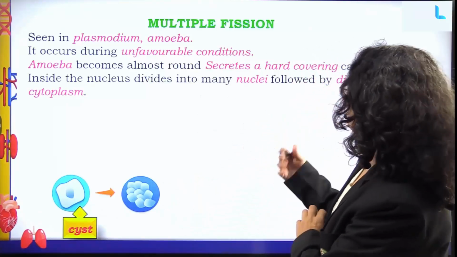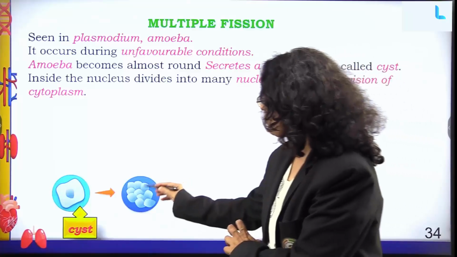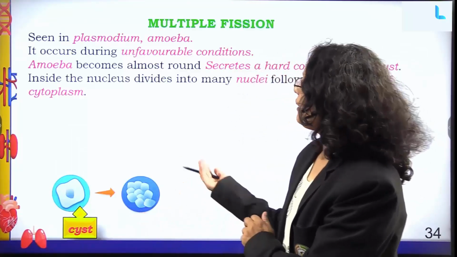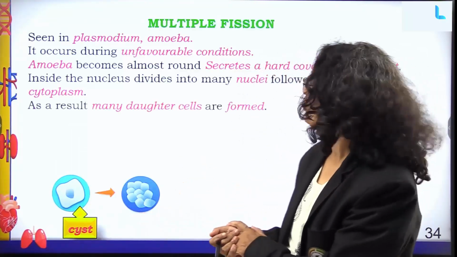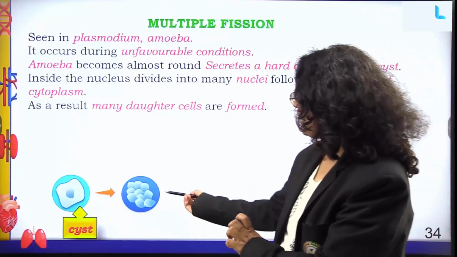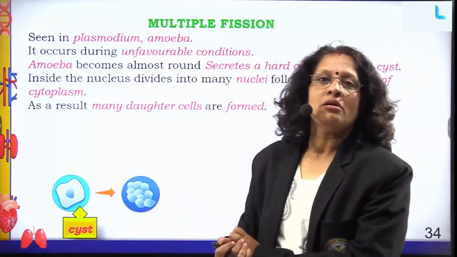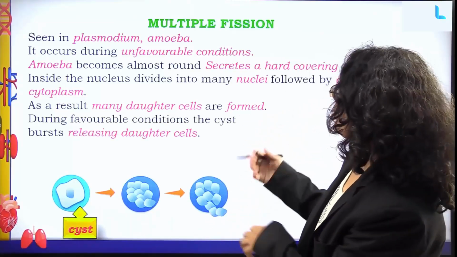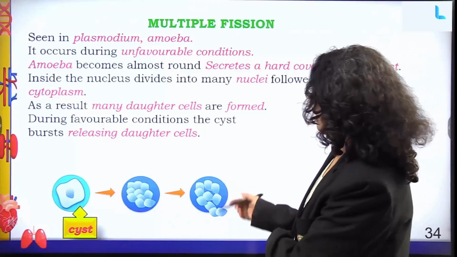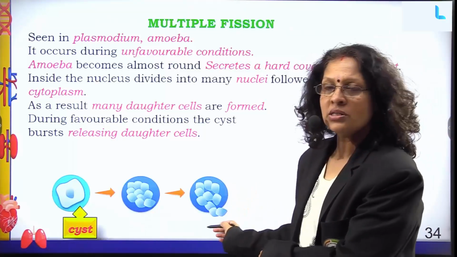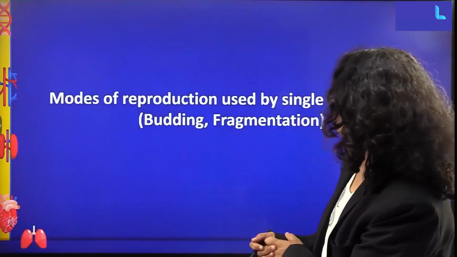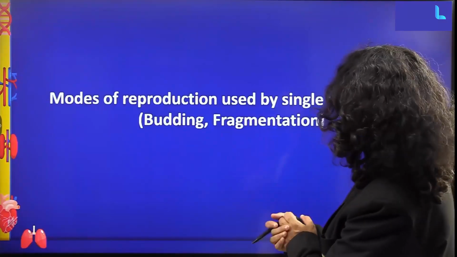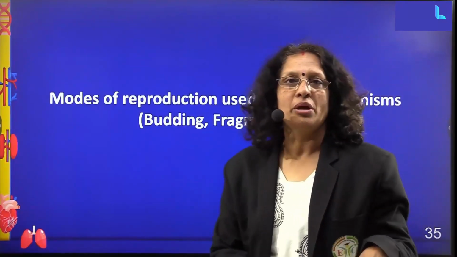The nucleus will divide into many nuclei, and division of the cytoplasm will start happening, and like that the amoeba can divide this way also, by multiple fission. See, inside the cyst the cytoplasm is dividing, and as a result many daughter cells will form. During favorable conditions the cyst bursts, releasing daughter cells. Now the cyst will burst and the daughter cells are released. Modes of reproduction used by a single organism also include budding and fragmentation.